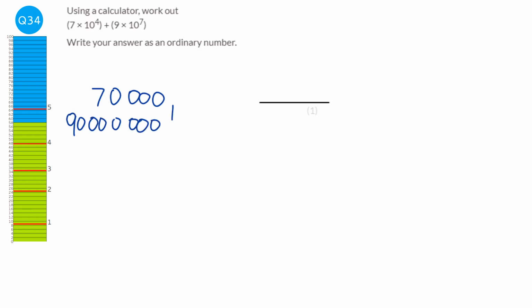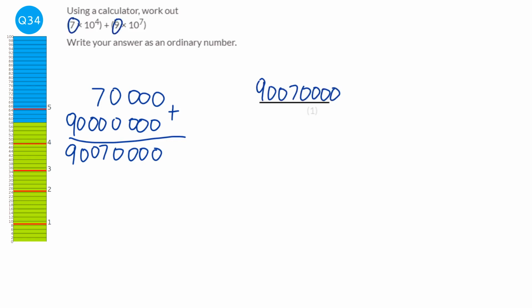And so when you add them together, you get 90,070,000. Now, if you have access to a calculator, if this is on the calculator paper, then you can just type it into your calculator. Some people think there's a quick way of doing this, like adding the 7 and the 9. There isn't. You've just got to work out what this number is, work out what this number is, and add them together.